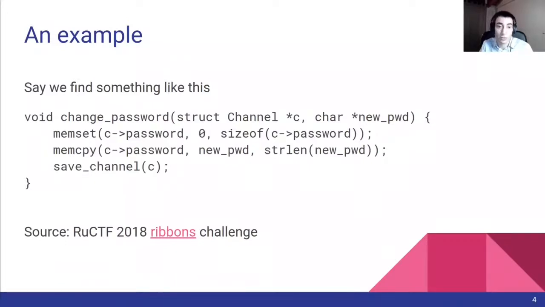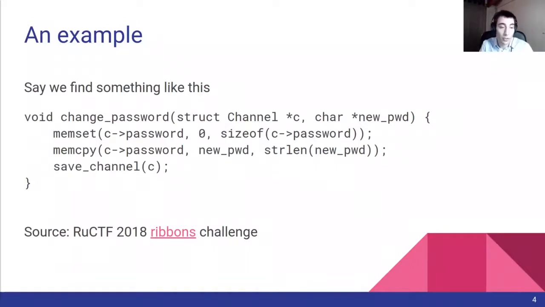The new password comes from the user, so the user is able to provide a password which is too long to fit into the password field of the channel structure. You cannot see it from here, but this allowed you to overwrite a pointer, and by overwriting that pointer you could then leak memory, and with that primitive leak passwords for other channels and ultimately leak some flags.